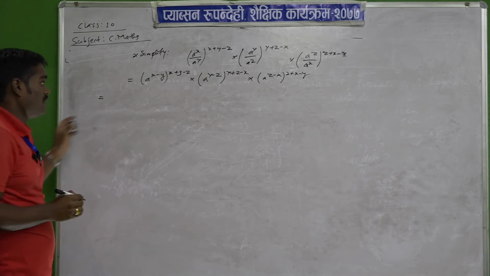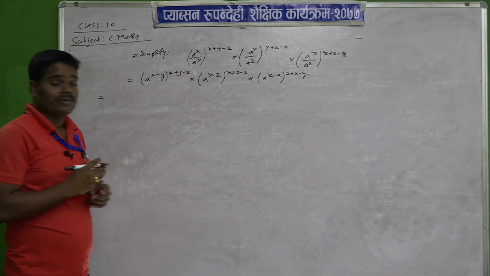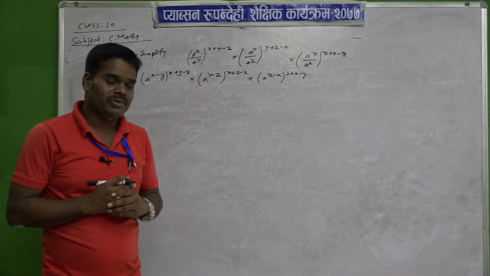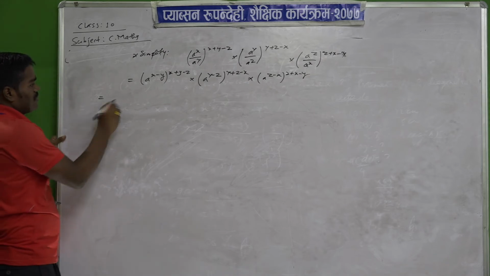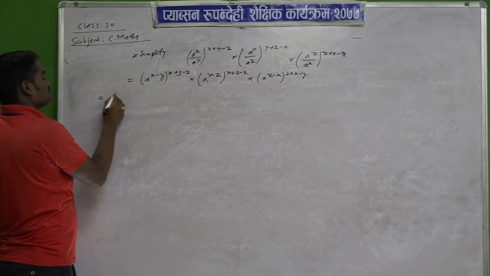Then see here, can we use the formula here? No. So we have to multiply. So you know how to multiply. First multiply by x to all.